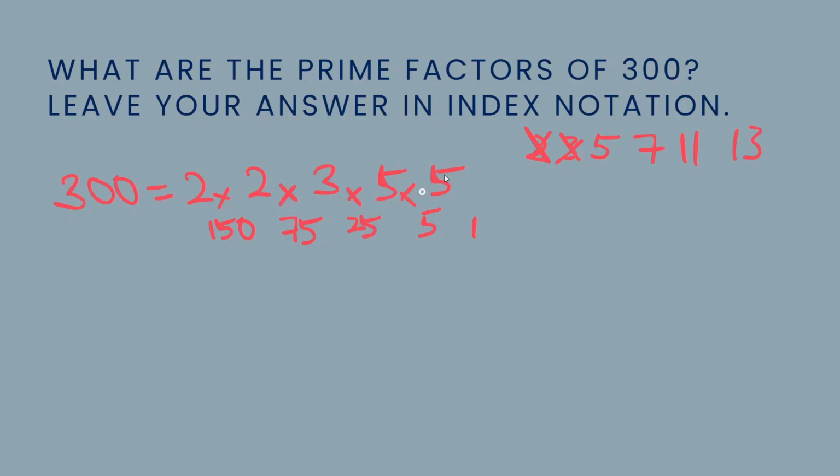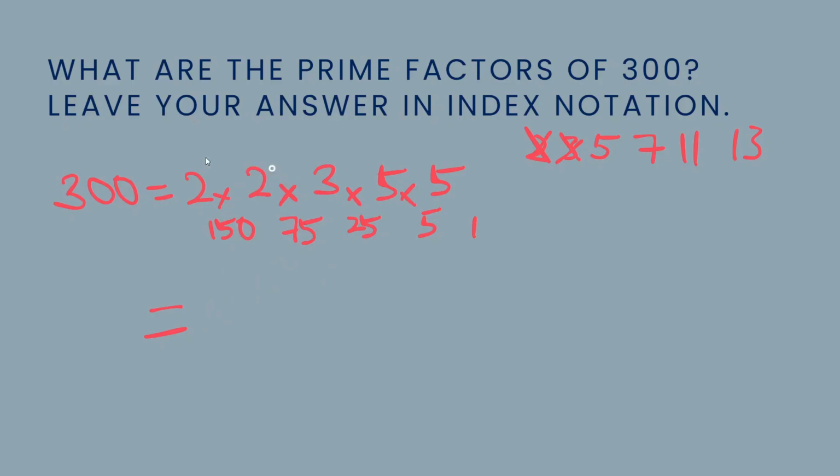In the exam, if you leave your answer this way, you might only get half of the full marks. Next, can we combine a few things or not? Can, but before you combine, make sure to check this. 2 times 2 times 3 times 5 times 5. Do we get 300? Correct. After you check, you know these numbers are correct. Then you write the index notation.